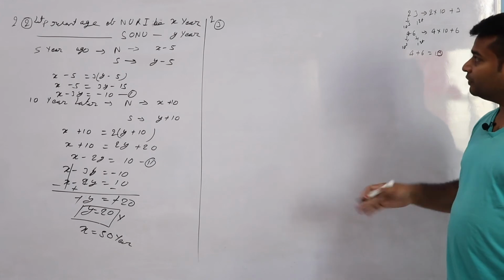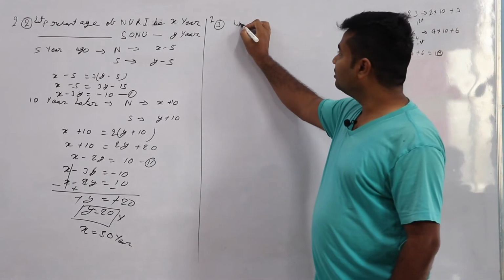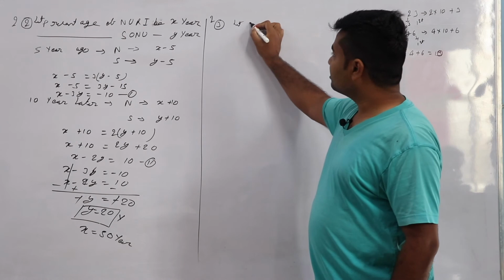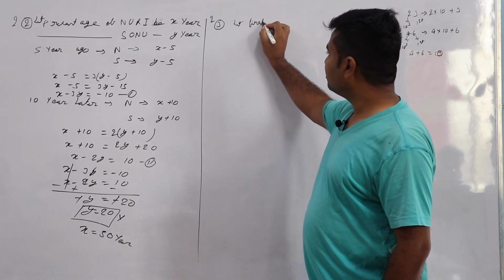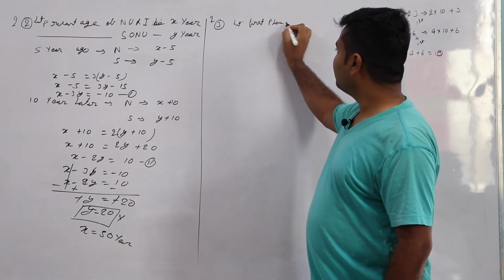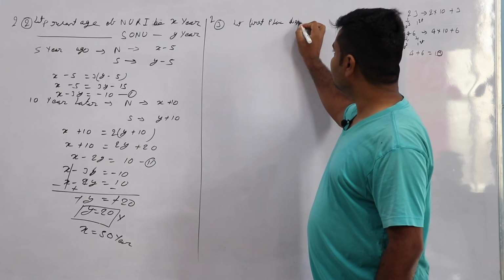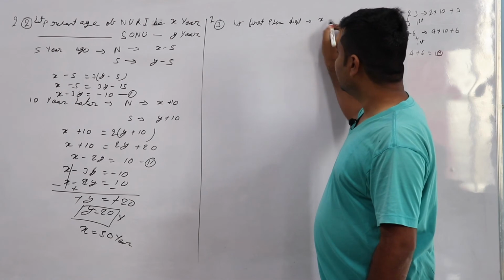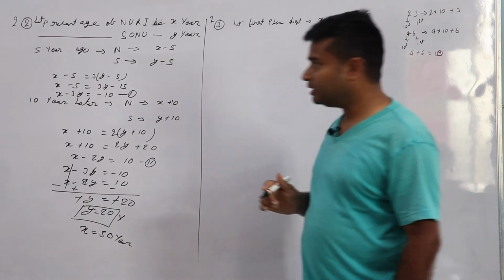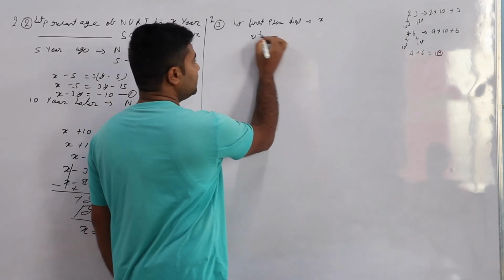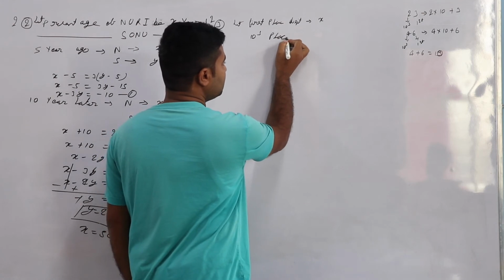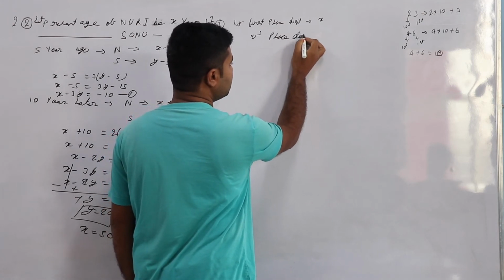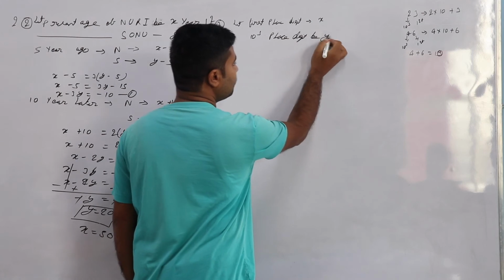So we will assume the first place digit is x. We are assuming digit, not number. First place digit be x, and the tens place digit be y.